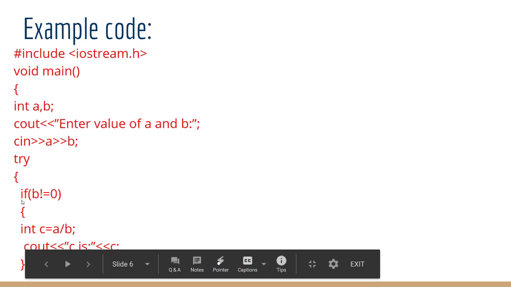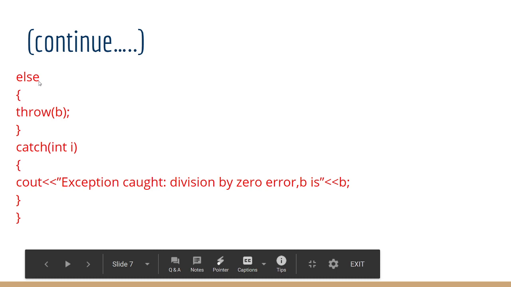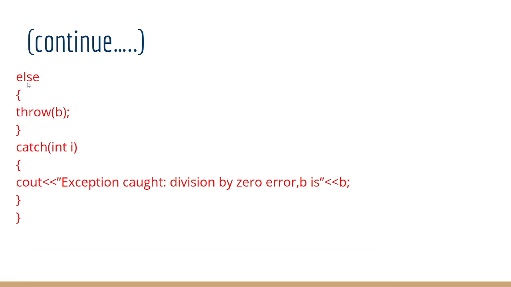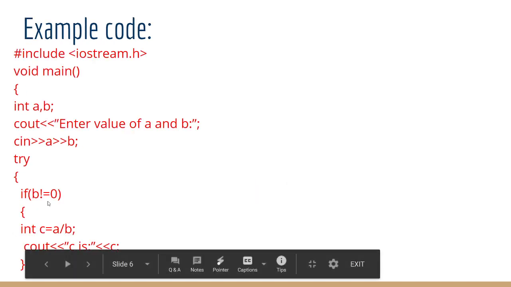Otherwise, that is, if b is equal to 0, then it should be an exception, so it must be thrown using the throw keyword.